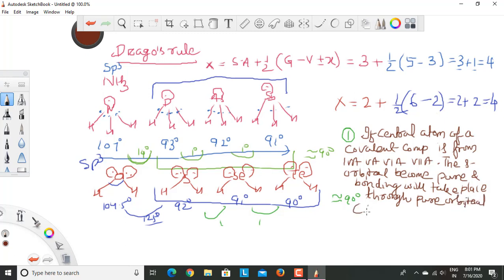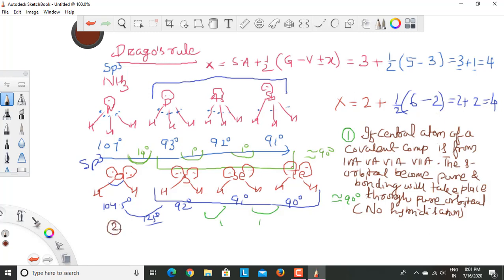That means no hybridization. But it should follow conditions number 2 and 3. So no hybridization will occur if conditions number 2 and 3 are also followed.